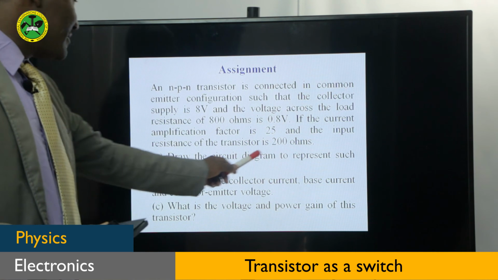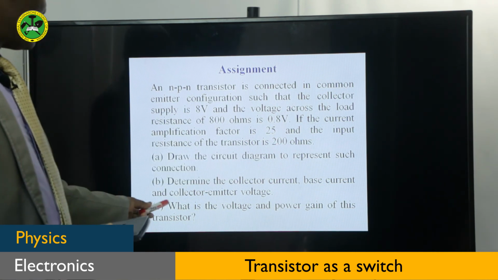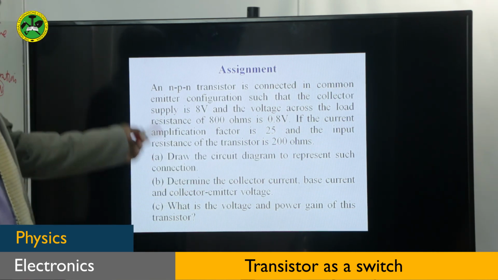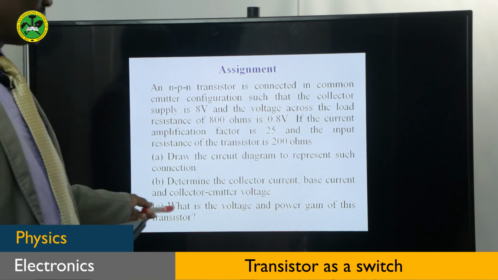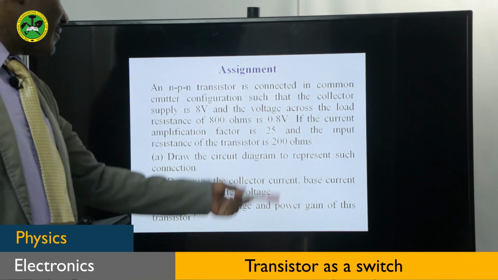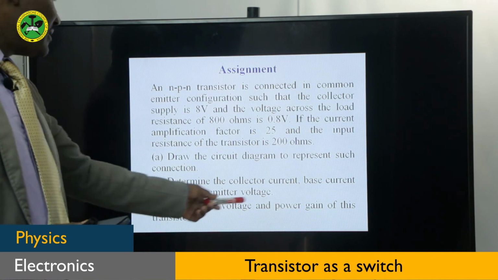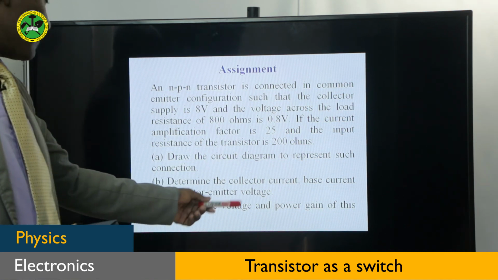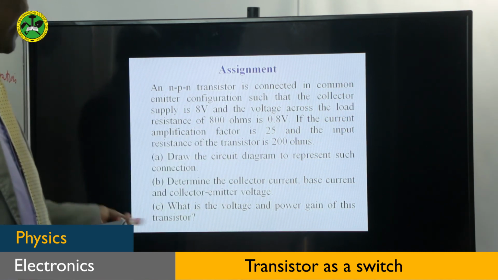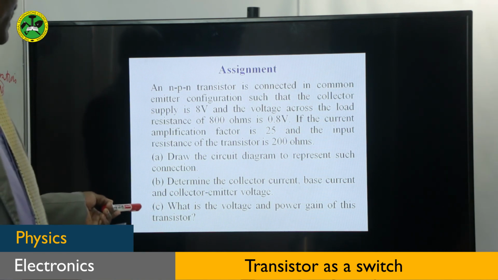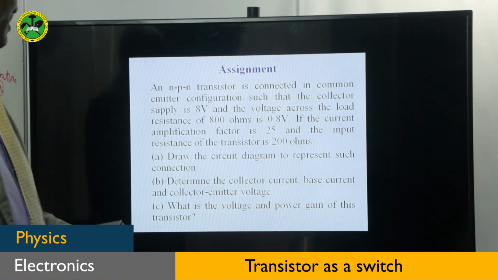The input resistance is given. You are required to draw the circuit diagram to represent this information. Then you are required to determine the base current and the collector-emitter voltage, VCE. Finally, you're supposed to find the power and the voltage gain.